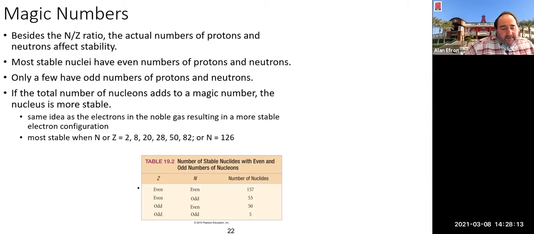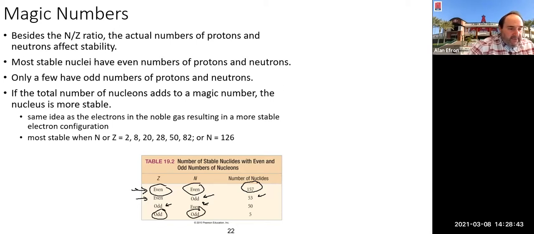On this table, and you have a similar one in your book, when we get an even number of protons and an even number of neutrons, you can see how many stable nuclei there are. That's your best situation. Your next best would be even protons, odd neutrons, still not too bad. Next best would be odd protons and even neutrons. And your worst situation in terms of stability is when you have an odd number of protons and an odd number of neutrons.